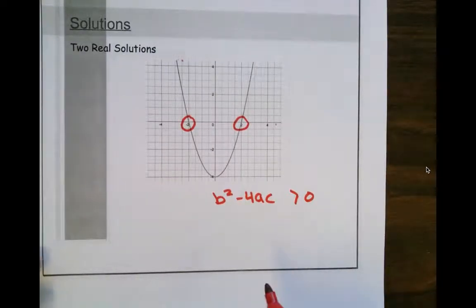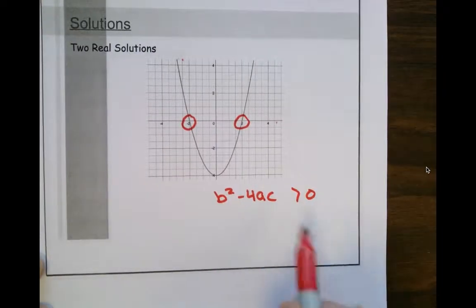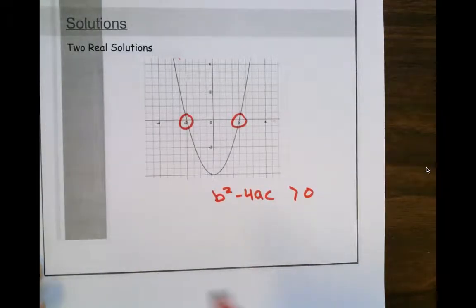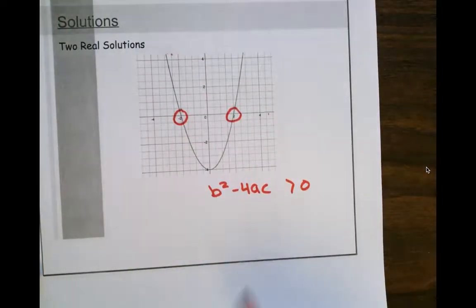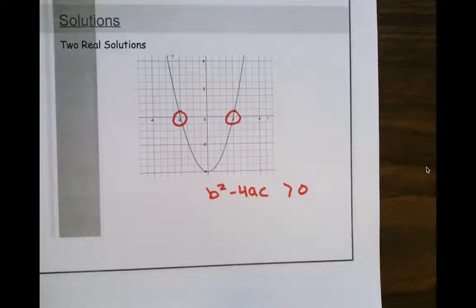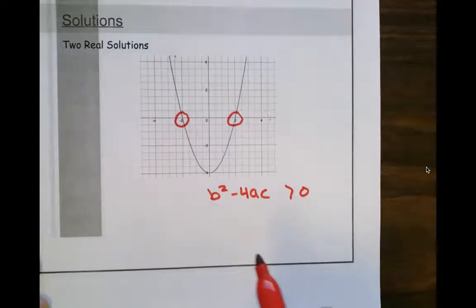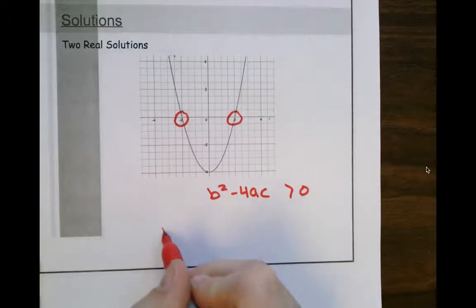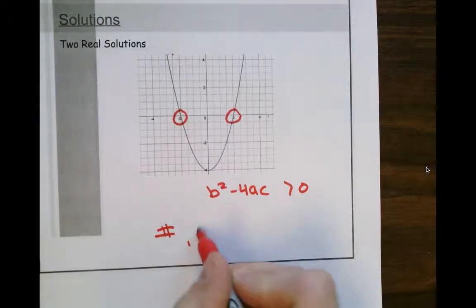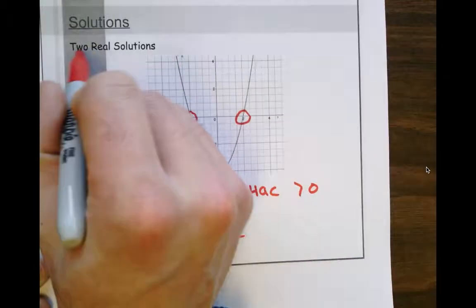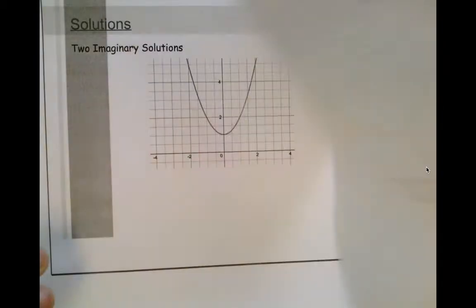So you may get, when you plug in b squared minus 4ac, you may get 7. And what that's going to tell you is, okay, I'm going to have two real solutions. That doesn't mean 7 is the solution. What it means is that we're going to have two real solutions, because all the discriminant tells us is the number of solutions and the type. So this would be two real solutions.